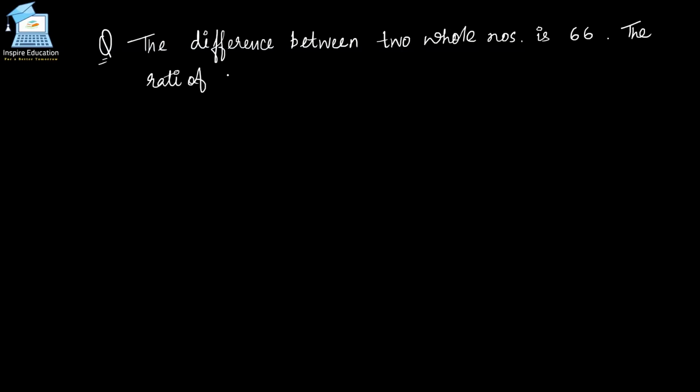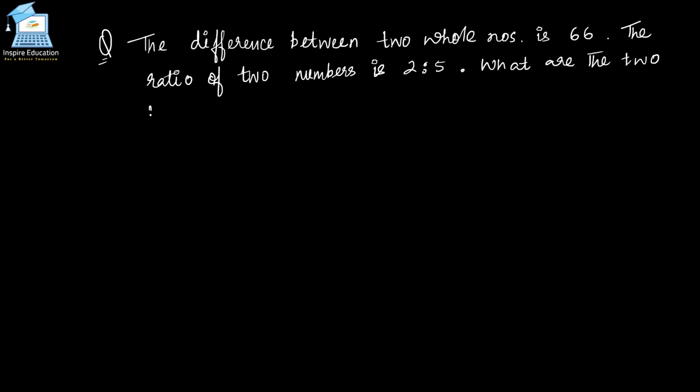The ratio of two numbers is 2:5. What are the two numbers?